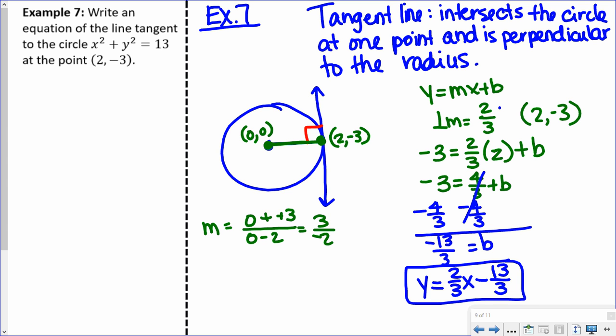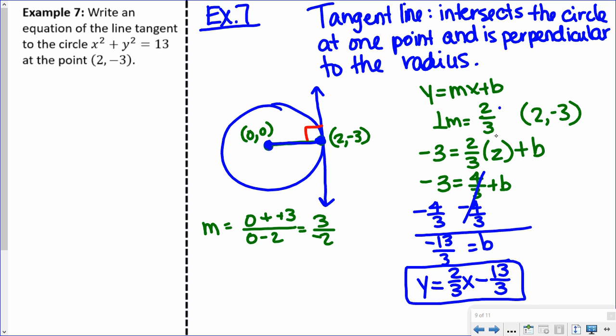Okay? So a tangent line intersects the circle at one point, and they gave us that point. It also showed that the center of the circle is at 0, 0. That's important because you have to find the slope of this segment so that you can then find the perpendicular slope, because the tangent line is perpendicular to the radius.